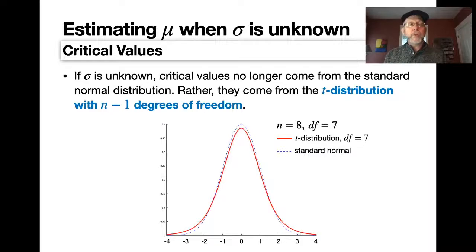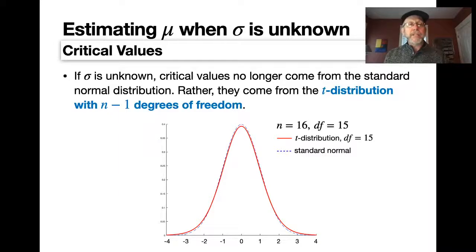Here's the t-distribution corresponding to samples of size 8, that is, the t-distribution with 7 degrees of freedom. Here we have 16 samples and a t-distribution with 15 degrees of freedom. It's getting very close to the standard normal, and this is the trend.